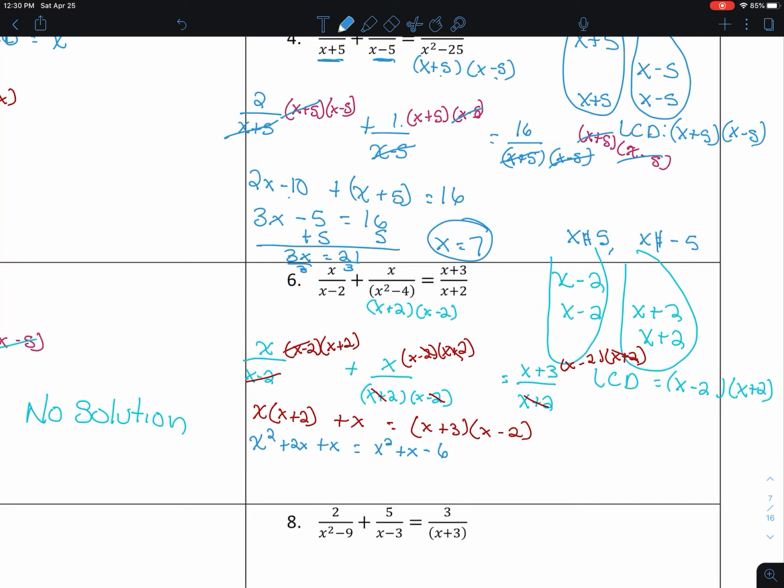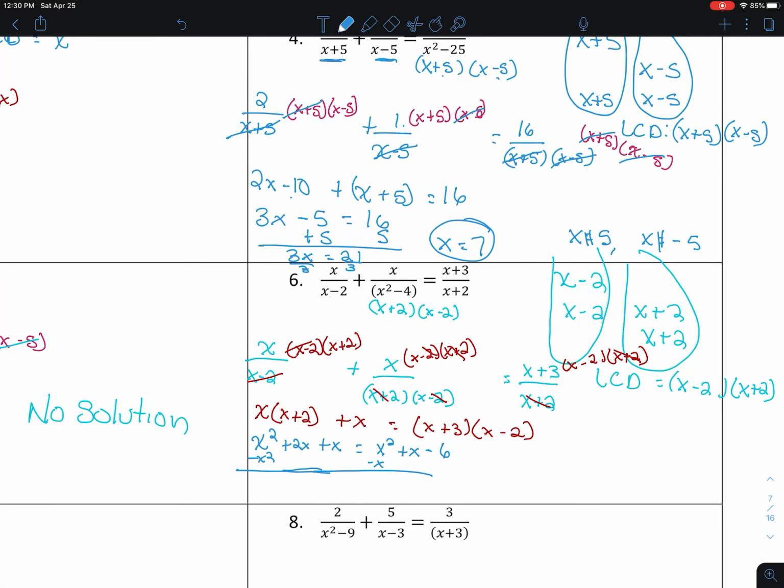And so now I solve this like a regular equation. They have x squares, but when I move the x squared to the other side, it zeroes out. So then I'm left with, oh, and I can combine those like terms. So that's 3x is equal to x minus 6.